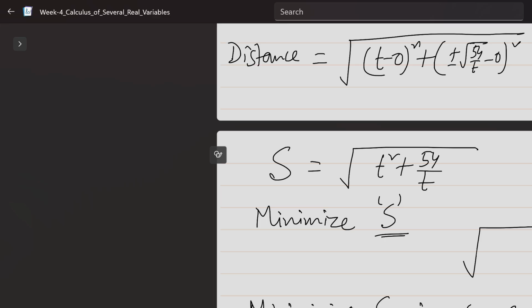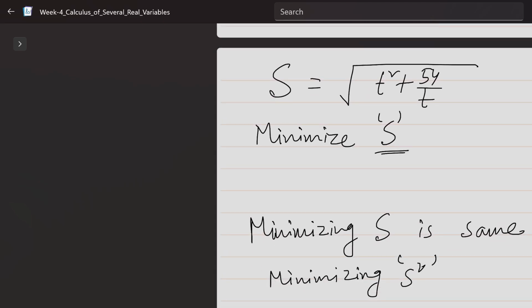Similarly, minimizing s is the same as minimizing log of s, always. Or any arithmetic or trigonometric expression on s. So I will minimize s square, not s, because the derivative of s square you can find easily.